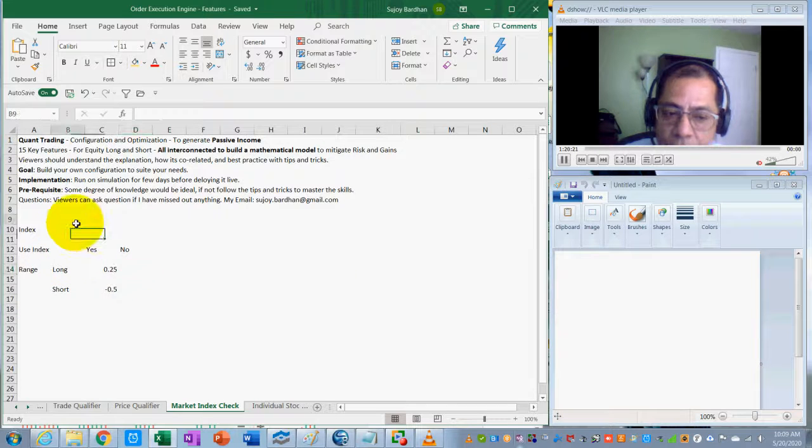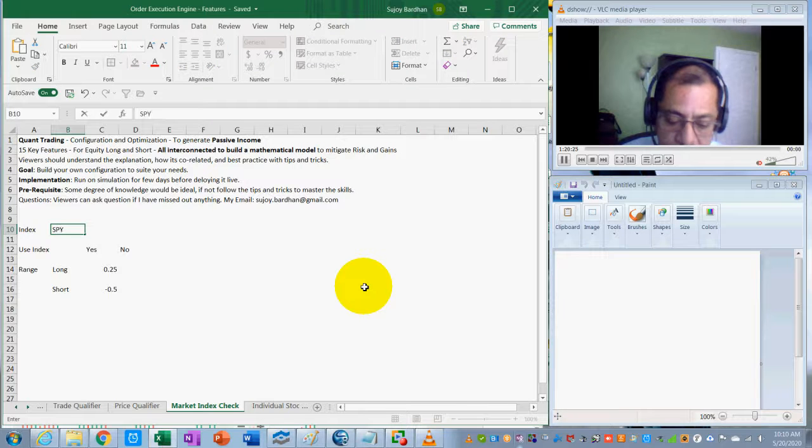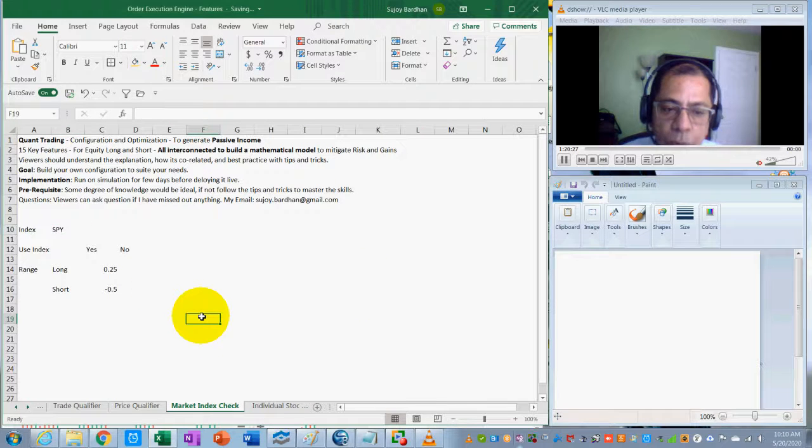In this case, I use SPY, which is equivalent to the S&P 500. But depending on which country you are in, whether the Tokyo Stock Exchange or the London Stock Exchange, doesn't matter. A market is a market, right? Either it's going north or it is going south.